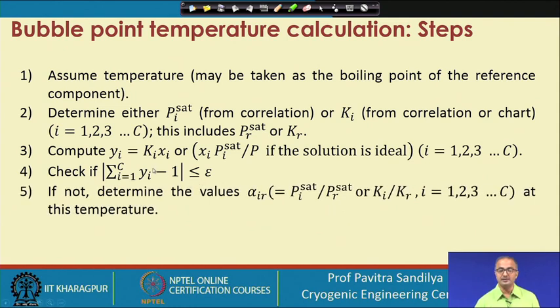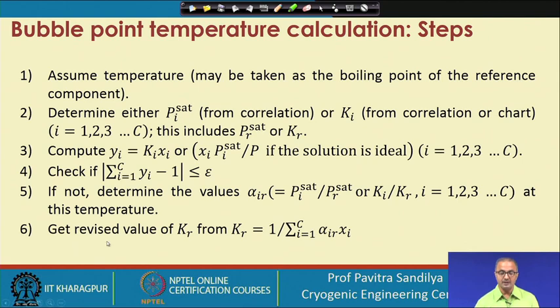Now if we find that this is not true, then we have to go back and do the iterations. So in this case, again we find the new value of alpha_iR, and that is done by Pi sat by PR sat, or Ki by Kr at the particular temperature we assumed. Now here we are revising the value of Kr by taking 1 by this particular thing, and this we have already derived, that is, this is nothing but the summation of yi.